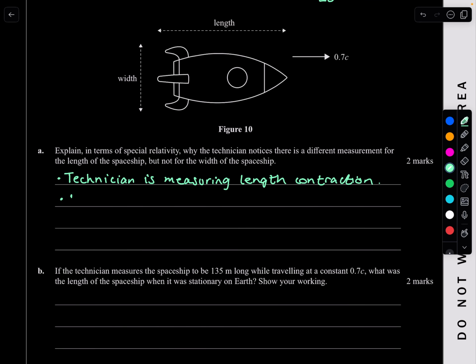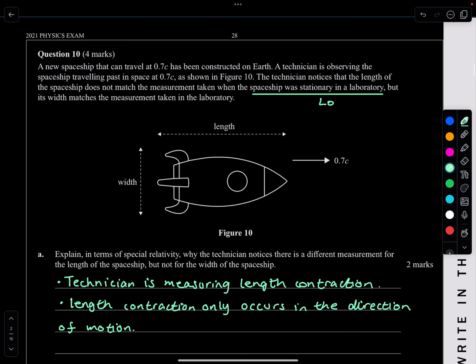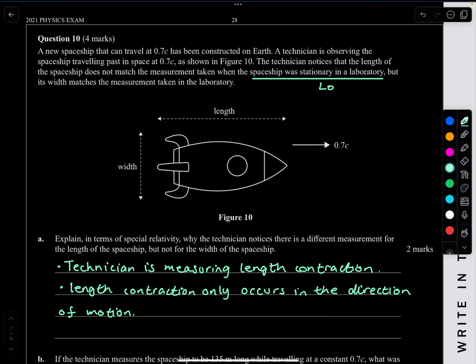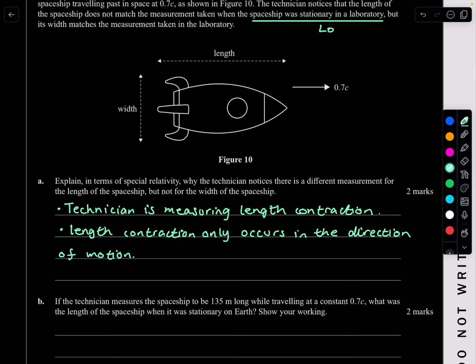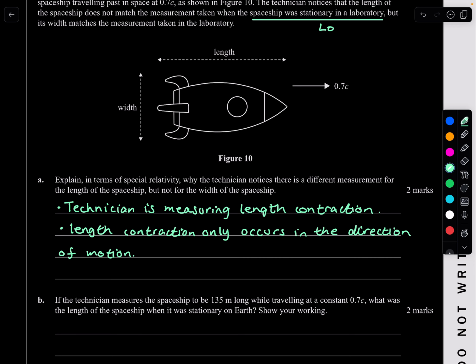And we said that length contraction only occurs in the direction of motion. Beautiful. So did we answer the question? Yep. The technician is measuring length contraction, which only occurs in the direction of motion.